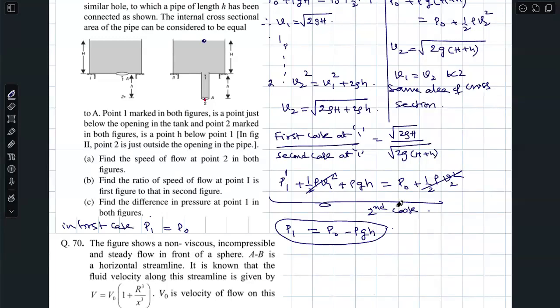Am I correct? Say yes or no for this. So you are asking me about P1 minus P1 dash. This is simply rho gH. So what is the answer for that? Simply rho gH.